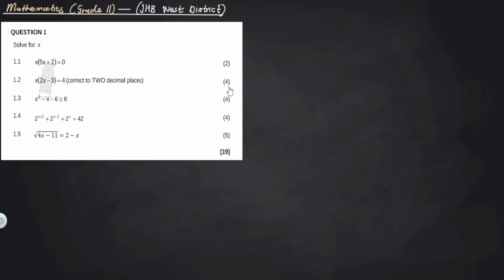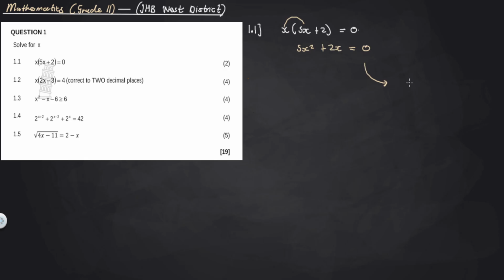It's all about the algebra again. Alright, so we have 1.1, x(5x + 2) = 0. Alright, so kubona cases like this: 5x squared plus 2x equal to 0.